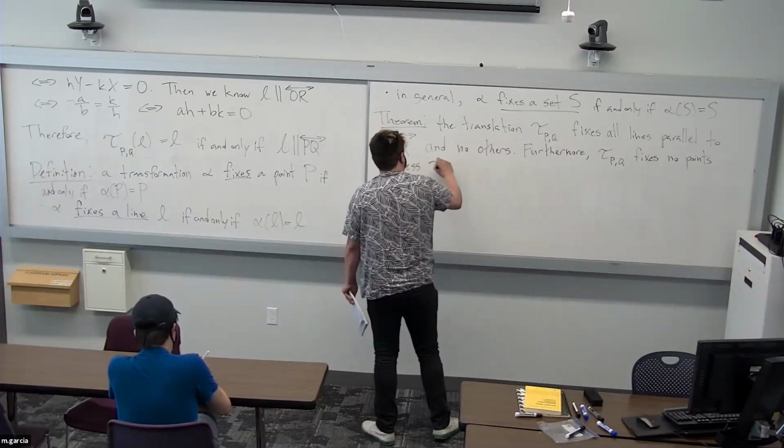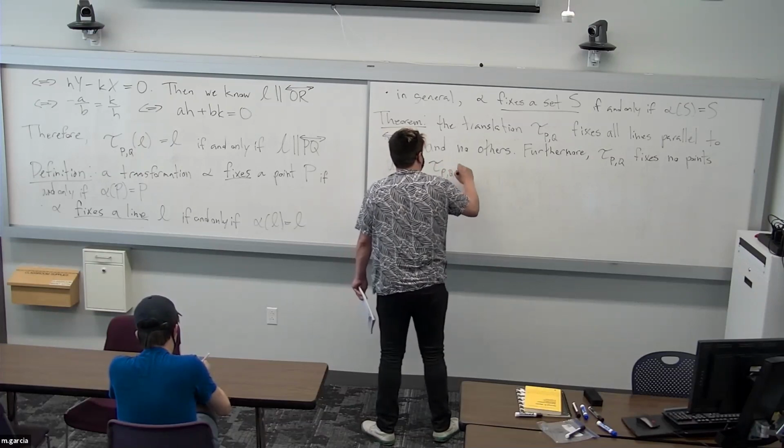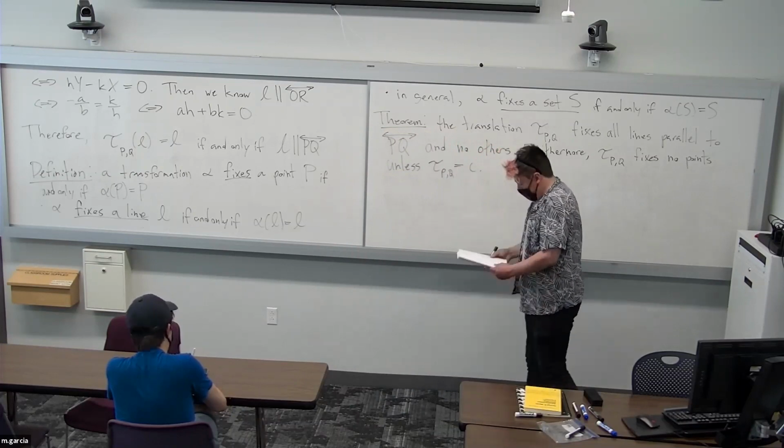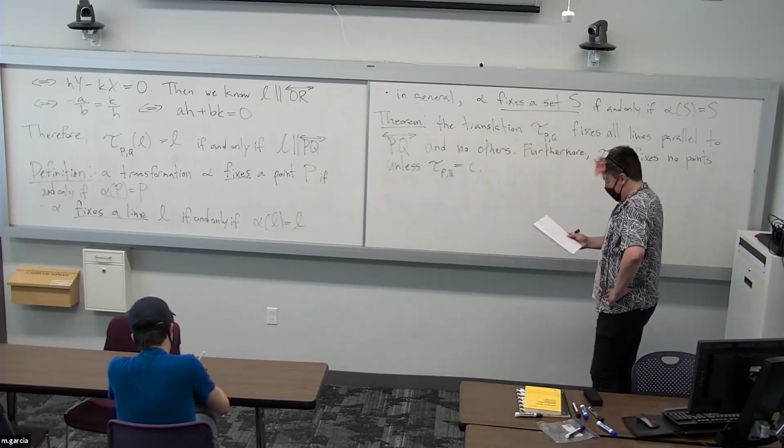Unless tau sub p comma q is equal to iota.